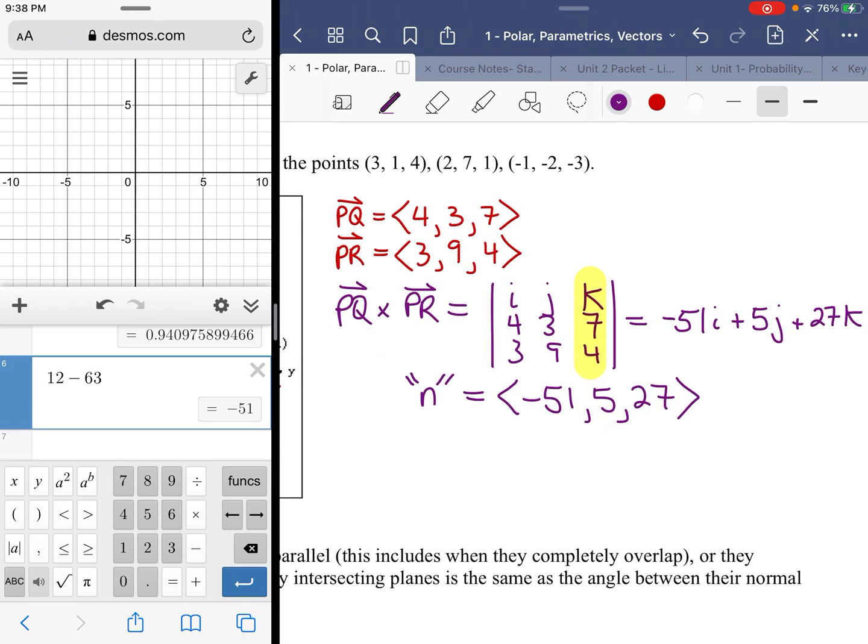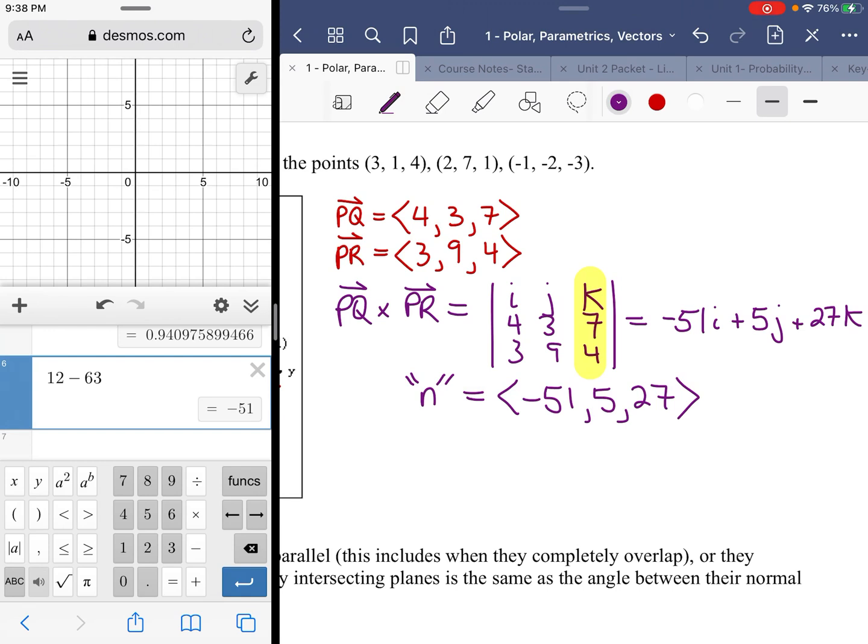All right, we know that the plane is going to be based off of this normal vector, but it's also going to have to pass through, well, all of the points, but I only need it to pass through one of the points.